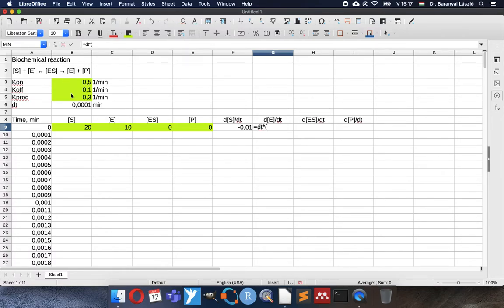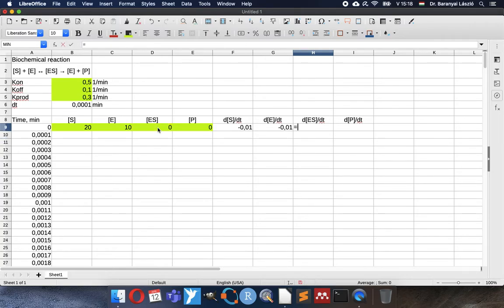Similarly to the previous, minus key on times substrate times enzyme, as the first part is decreasing the amount, but it will increase as the dissociation of the enzyme substrate regenerates enzyme and product, or enzyme and substrate. So we have two parts, the key off and the key product, and all these depend on the enzyme substrate concentration.